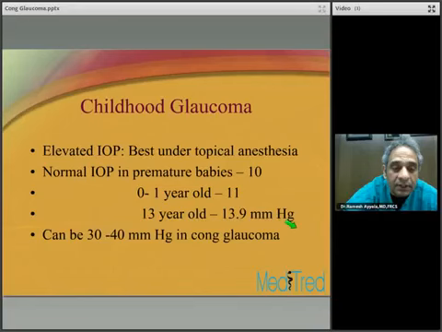Another important feature of childhood glaucoma is the optic nerve cupping. Congenital glaucoma patients, when you examine their optic nerves, exhibit symmetric cupping with generalized enlargement, and that's in response to the elevated intraocular pressure. Now, the important thing about this is if you do control the intraocular pressure, this cupping is immediately reversible.